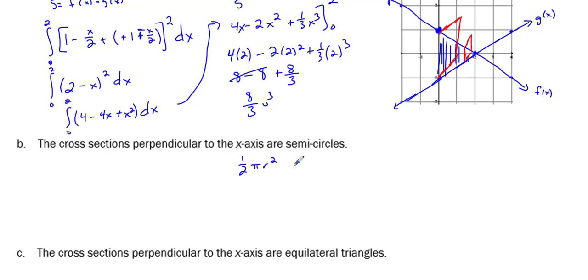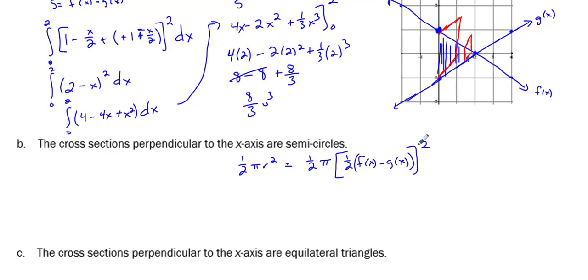So in this particular situation, we'd have 1/2 pi. The radius is 1/2 f of x minus g of x, right? Squared, right? That'd be the area of that semicircle then.